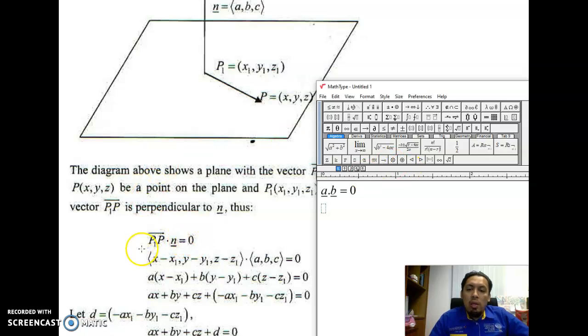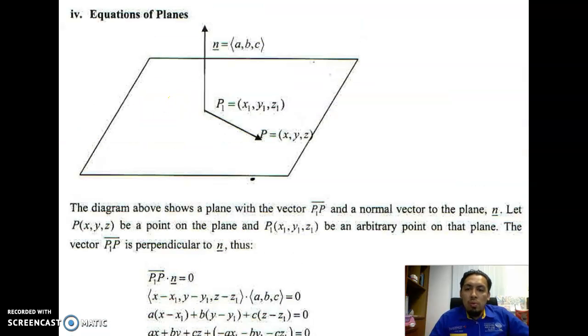So why are we using this notation instead of a and b? Because, as we already know, you should have two vectors, but usually we are just given one vector, which is normal, or maybe you need to figure out the normal.